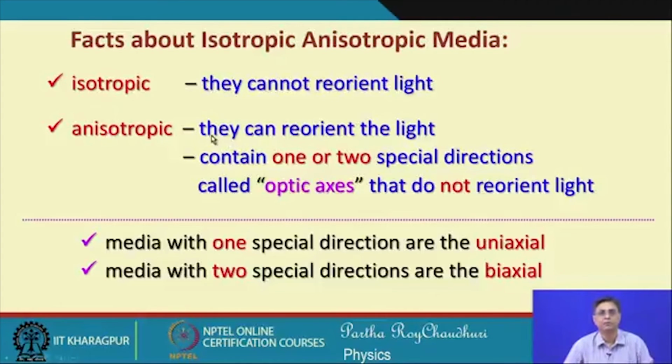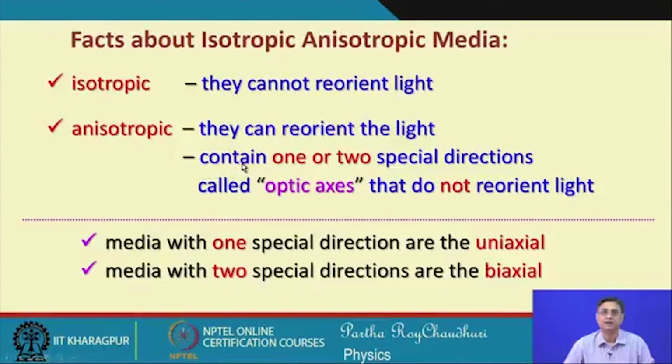So, an anisotropic medium can reorient the light, that is, the direction of the incident electromagnetic waves can be changed by the anisotropic medium by its property, and also the velocities can be altered.